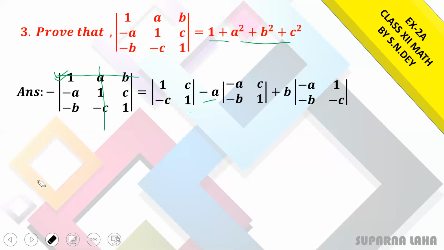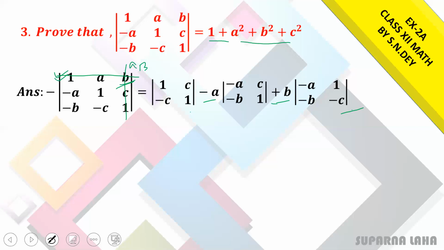Now remove the first row and the third column. So remaining terms are minus A, 1; minus B, minus C, and multiply with this term B. Since this is the term 1, 3, that means the sign will be positive.